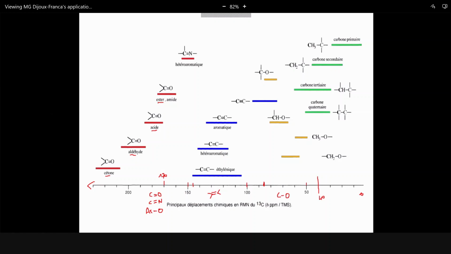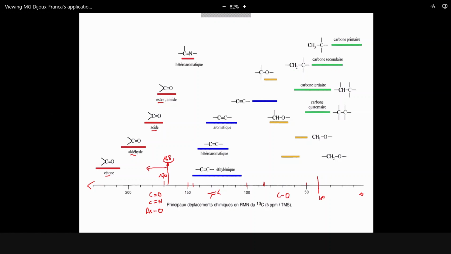Some ester group, sometimes it's 168, but it's over starting from this value.